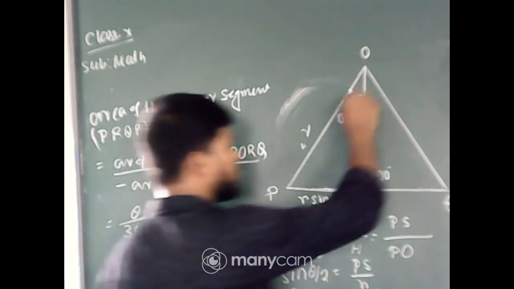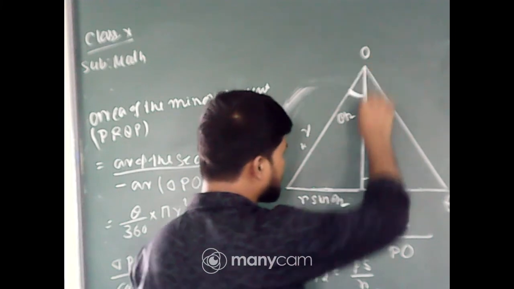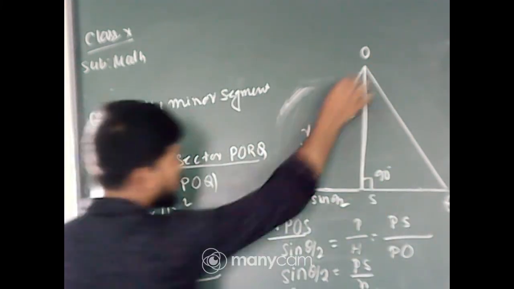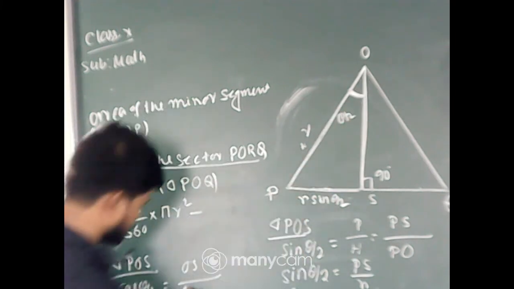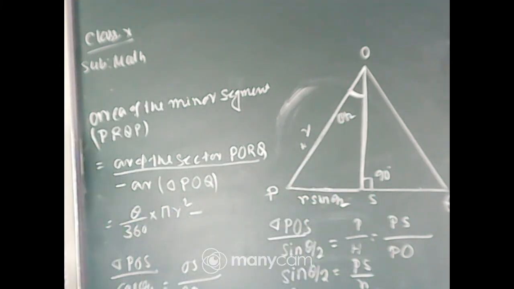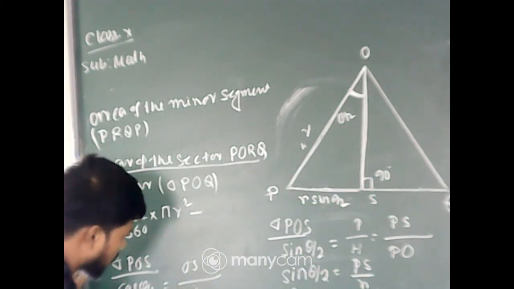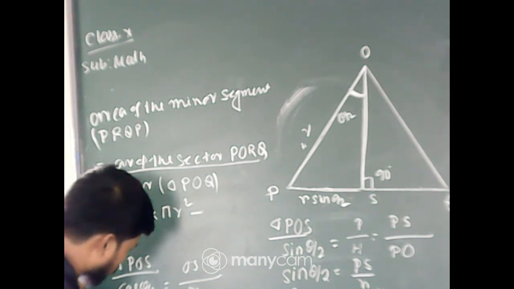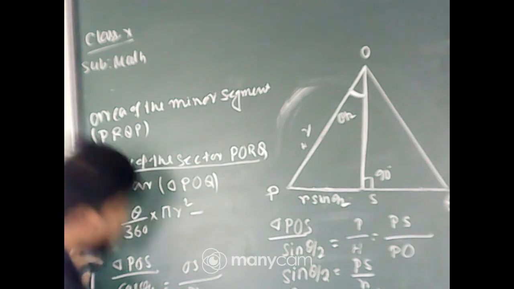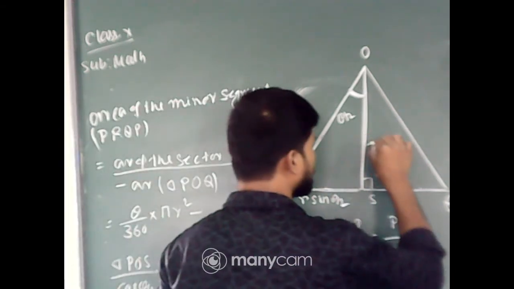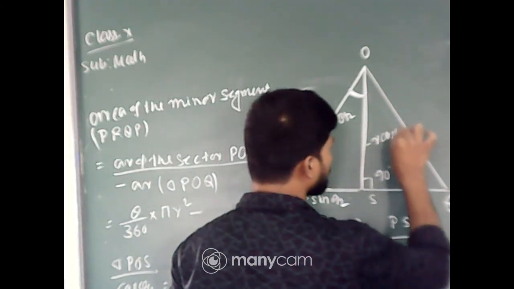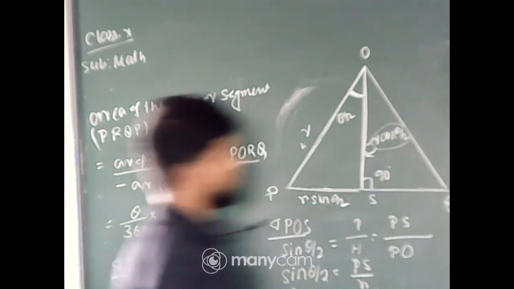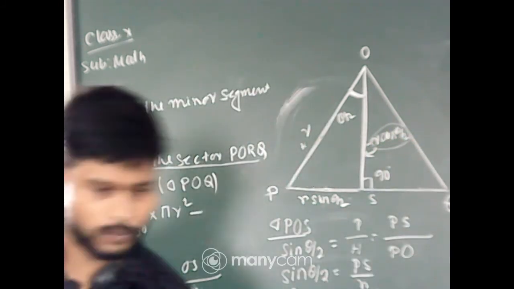So with respect to this angle, the base is OS and the hypotenuse is OP. OP means actually R. So from here, OS will be R cos theta by 2. So OS is equal to R cos theta by 2. Okay, so almost we have completed this.